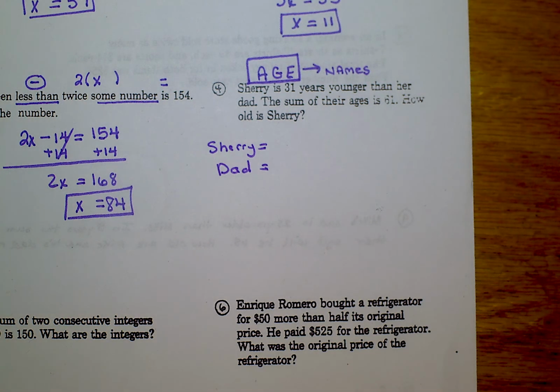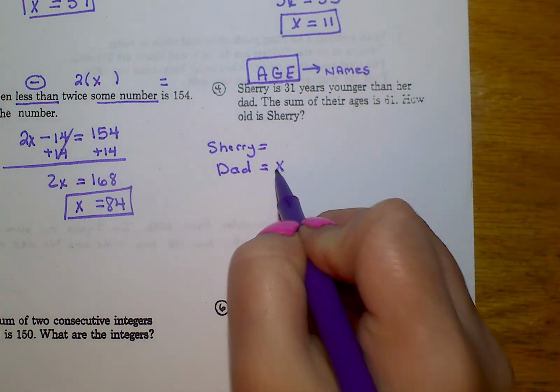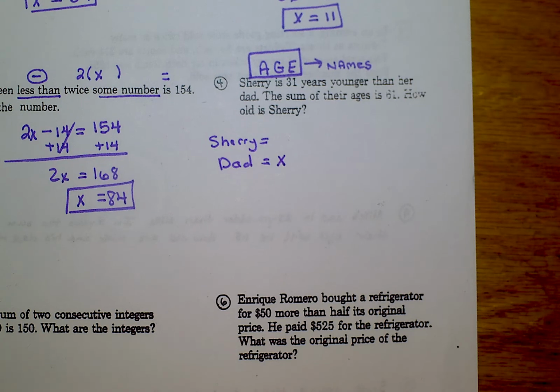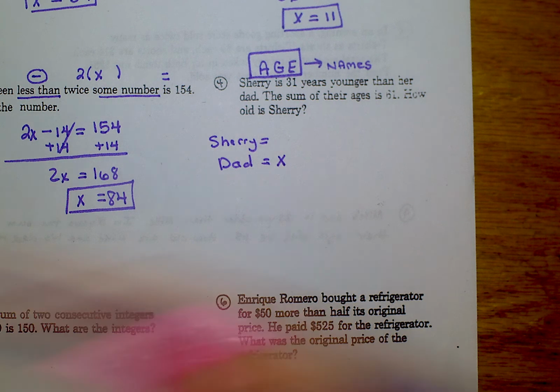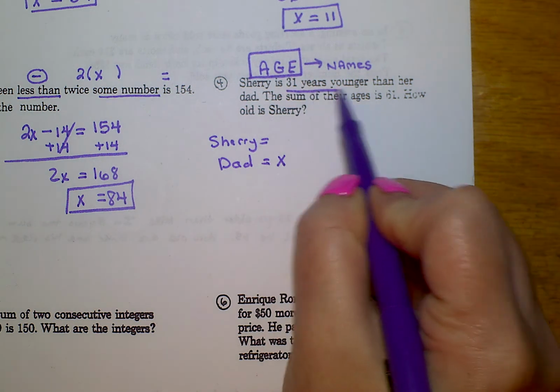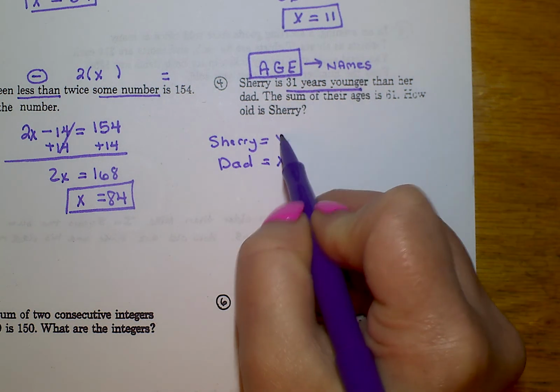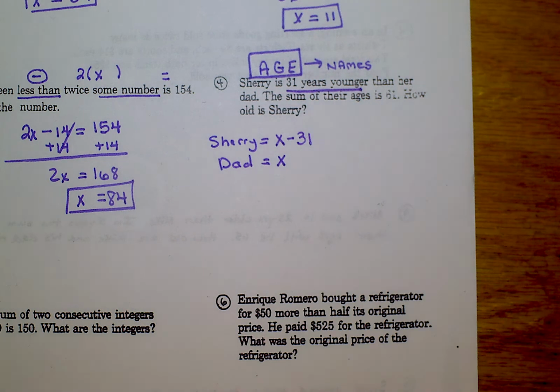So Sherry is 31 years younger than her dad. So we do not know dad's age, so we're going to put the X. But we do know when we find dad's age, we can subtract 31 from his age because Sherry is 31 years younger. So I'm going to take his age and minus 31.